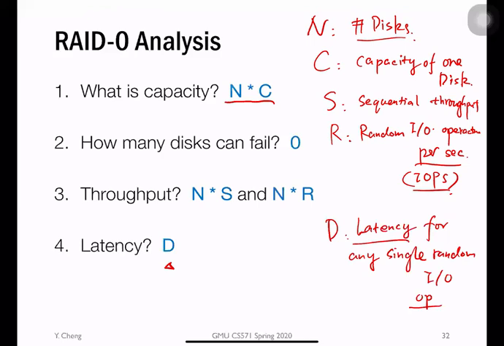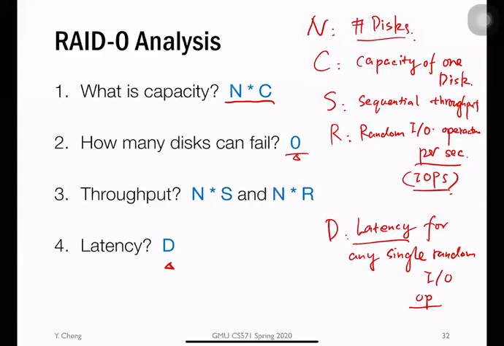Moving on to the reliability model. Again, because it supports zero level of redundancy, it supports zero level of reliability. The max number of disks that can fail under RAID-0 is 0. Reliability is 0.